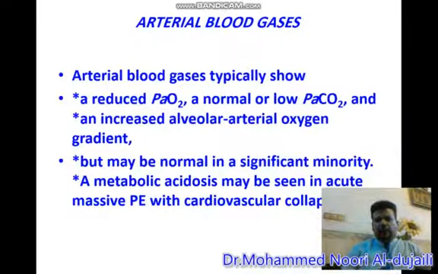With chronic pulmonary embolism, there is exertion-induced decrease in PaO2, as walking or exercise may cause a decrease in PaO2, or exertional hypoxia.